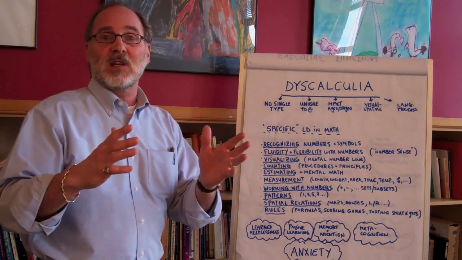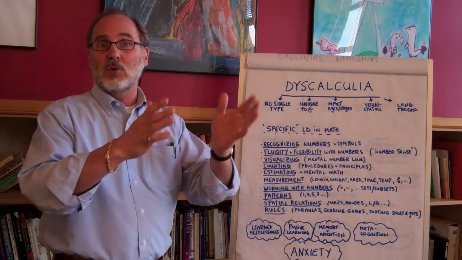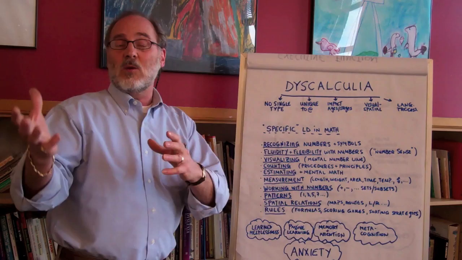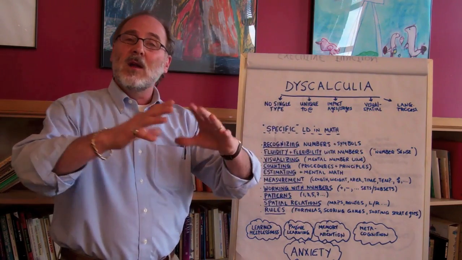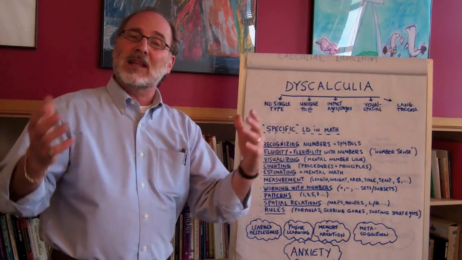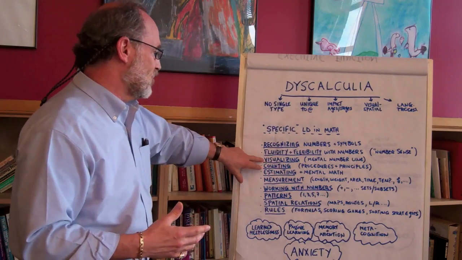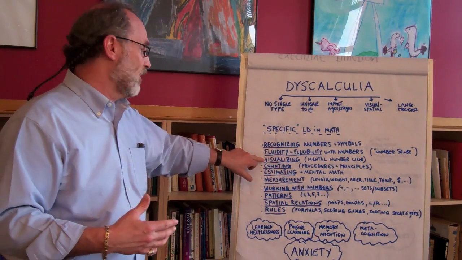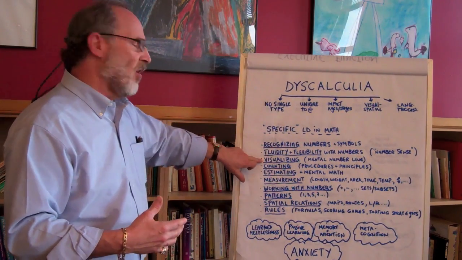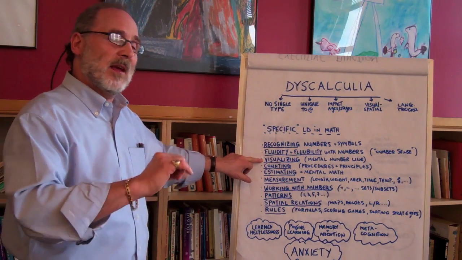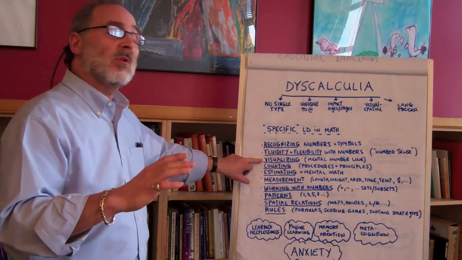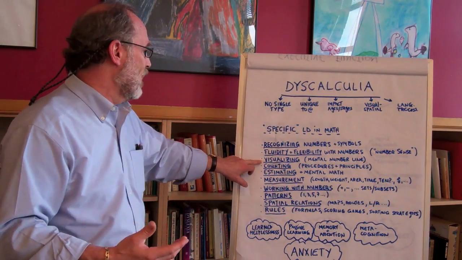So they'll know, for example, that when you think about 1 and 2 and 3 and 4, 4 is somewhere here and 1 is somewhere here. They see where numbers are in relation to each other. And children with learning disabilities in math, those with dyscalculia, often have difficulties visualizing what that mental number line looks like and how it works.